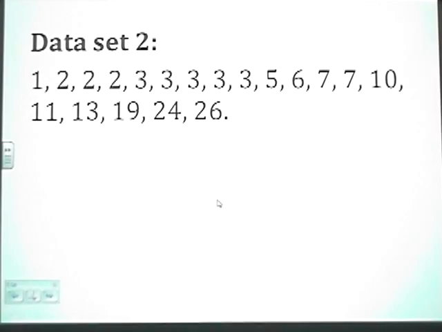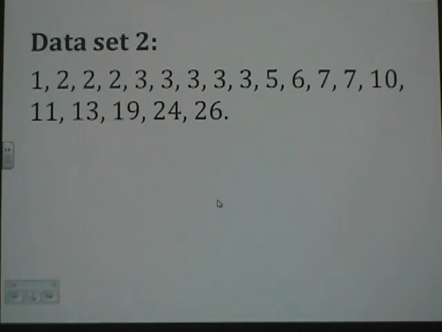This is data set 2, and we've got 19 of them altogether. Let's count together with me: 1, 2, 3, 4, 5, 6, 7, 8, 9, 10, 11, 12, 13, 14, 15, and 16, 17, 18, and 19.